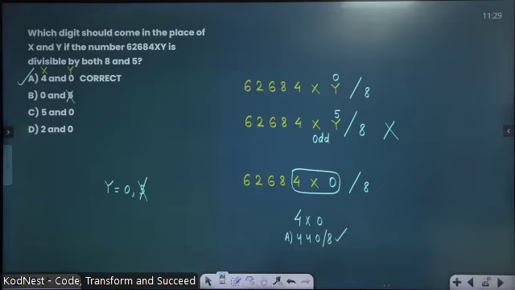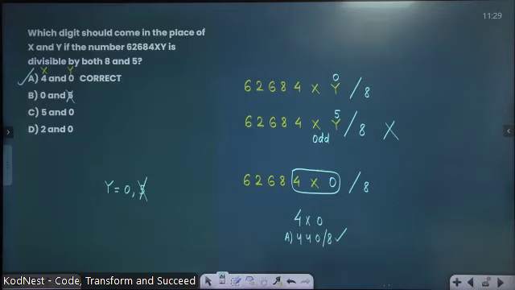With y equal to 0, we will check for x. Yes, divisibility rule of 5, last place. Don't take 8 first. First take 5.